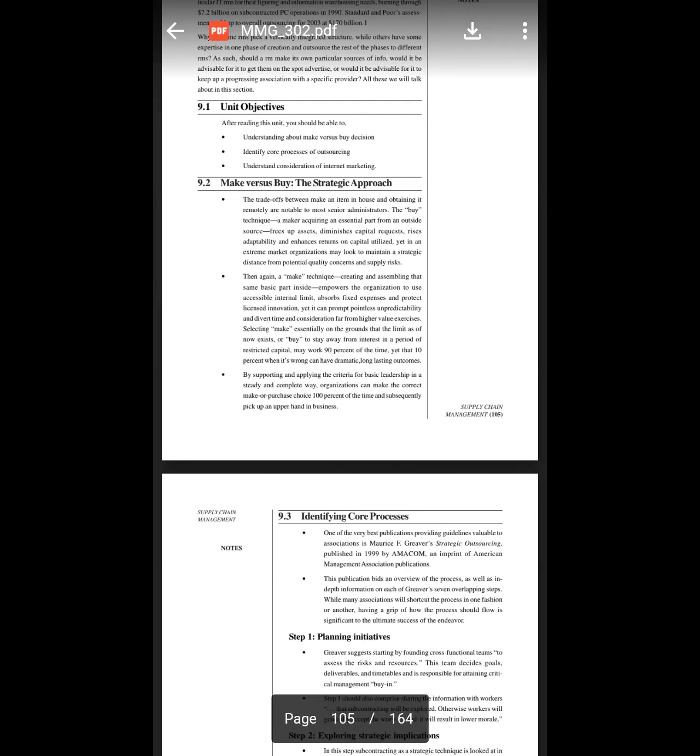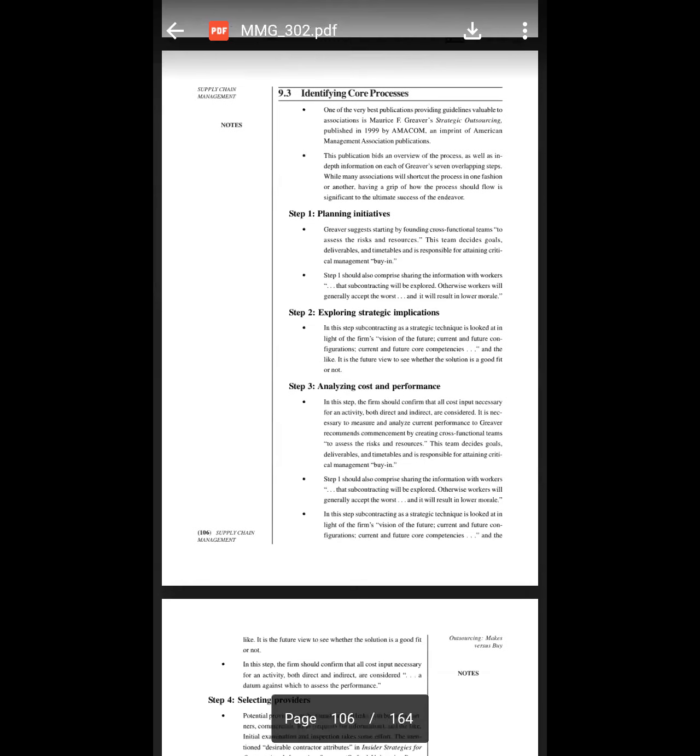Now, in the book, they have given the market strategies, how we need to standardize our strategies to look after the product activities. Now see, planning is an initiative. Over here they have given a proper suggestion to decide goals, deliveries and timetables, and who is more responsible for attending critical management in buy-in.